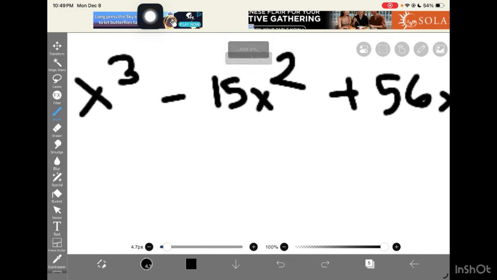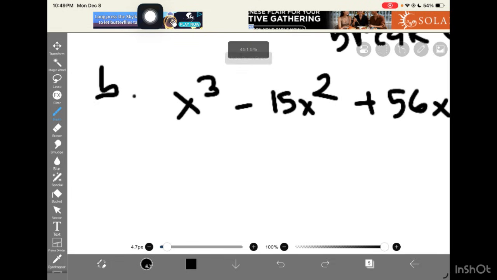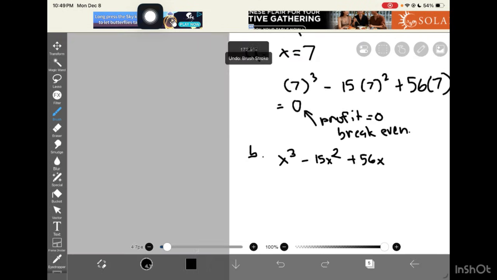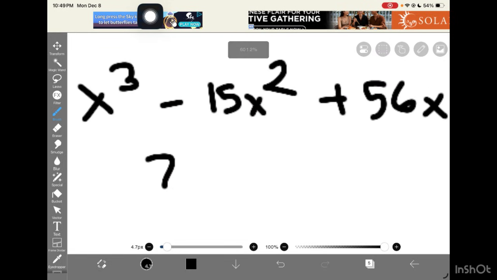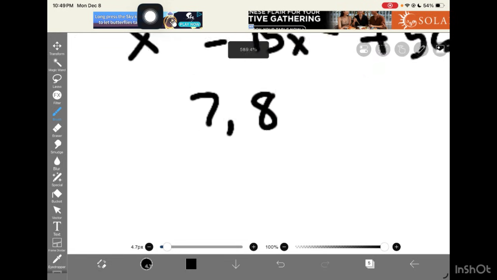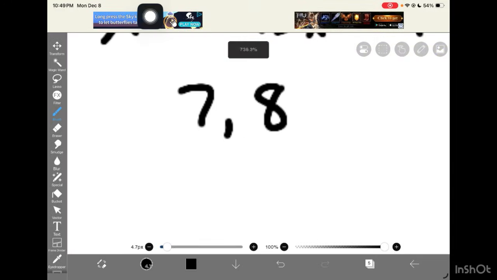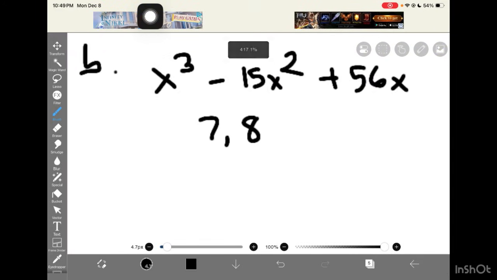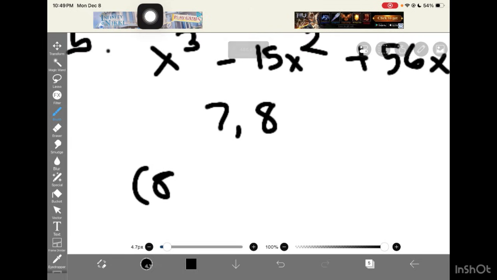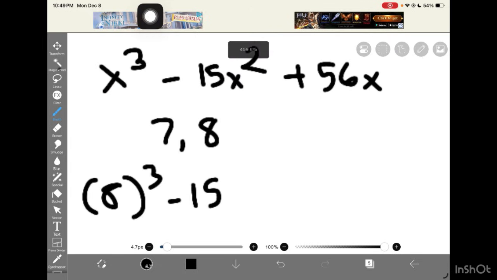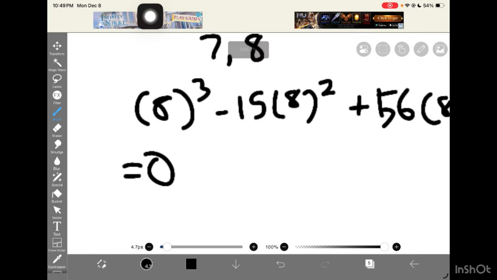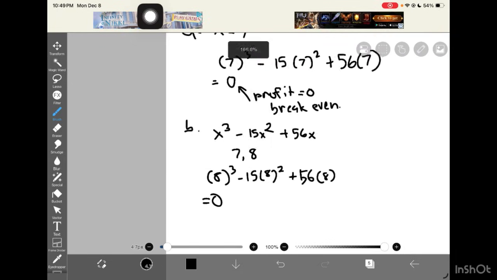So the roots are 7 and 8, because when we evaluate them, 7 is obviously one of them, and then if we set this one to 8, 8 cubed minus 15 times 8 squared plus 56 times 8, that's still equal to 0. So why is this the case?